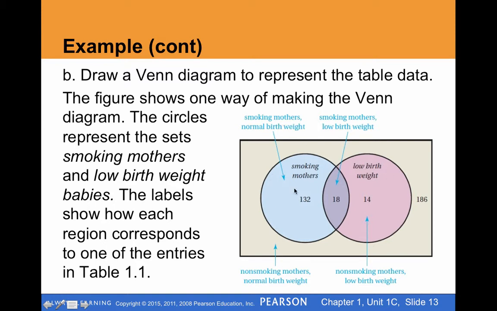Alright, so remember, define the four regions. The blue region that's outside of the purple region is the smoking mothers. It clearly says that, but they're also not of low birth weight, so that means that they're normal birth weight. That's how they come up with that. Remember, if you're in this section, you have this characteristic, but not that one, and not low birth weight is normal birth weight.